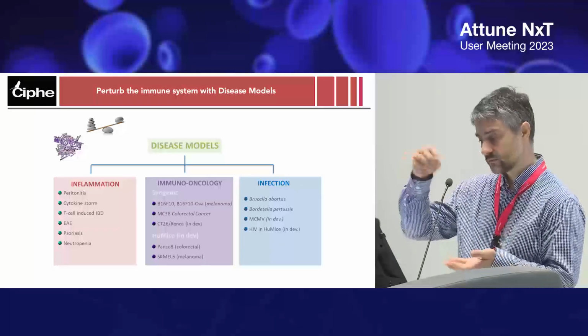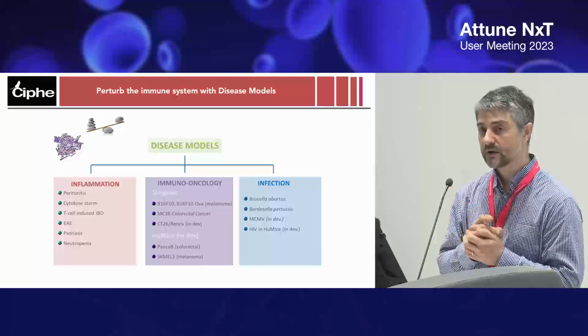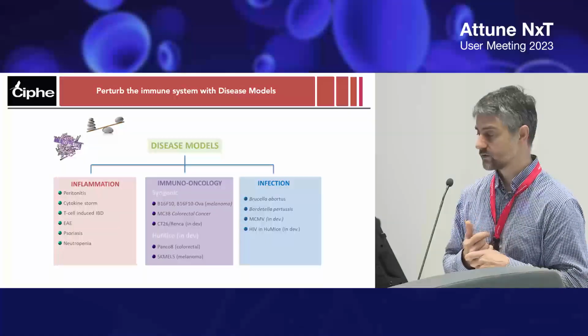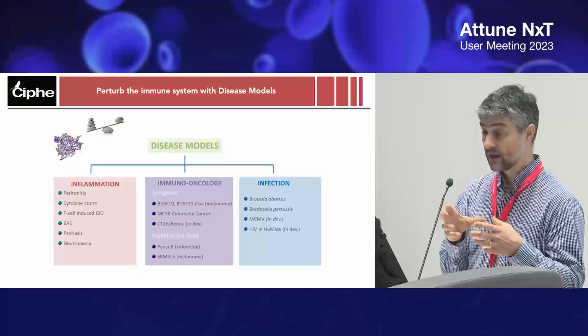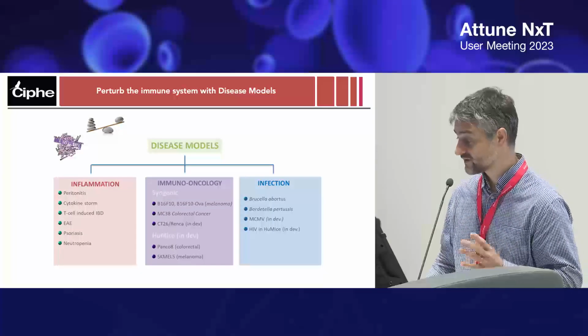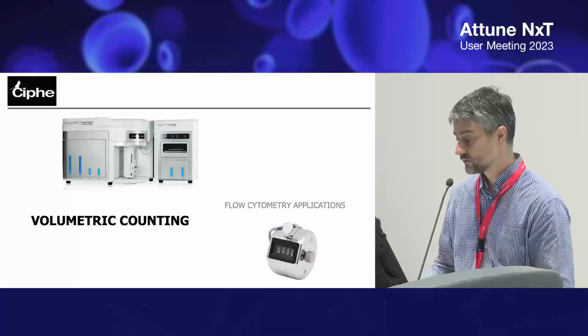The patient tumor in itself costs like 1,200 euros, one single point. And when you use humanized mice, it's another 1,200 euros more, so it's 2,400 a sample. And if you don't know what you do, then obviously it's a big failure. So that's why you will see why we have interest in the new instrument.